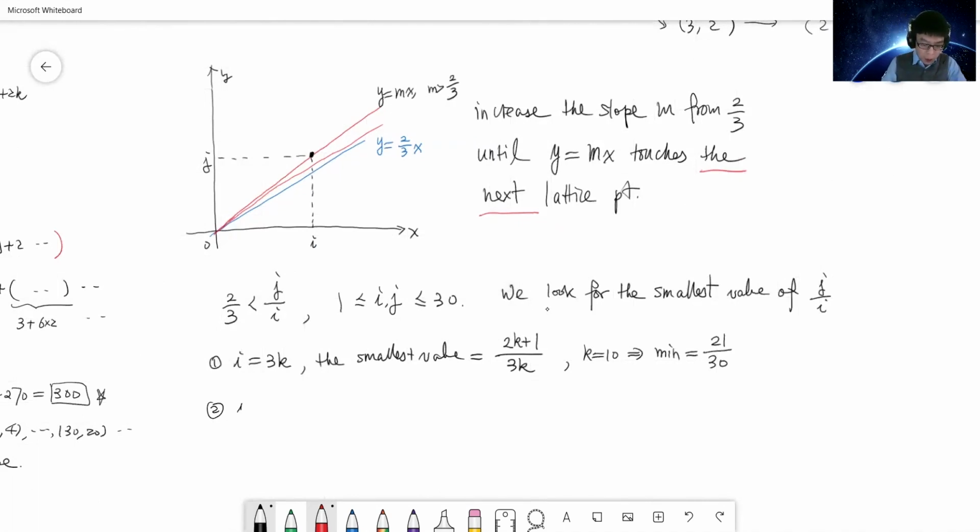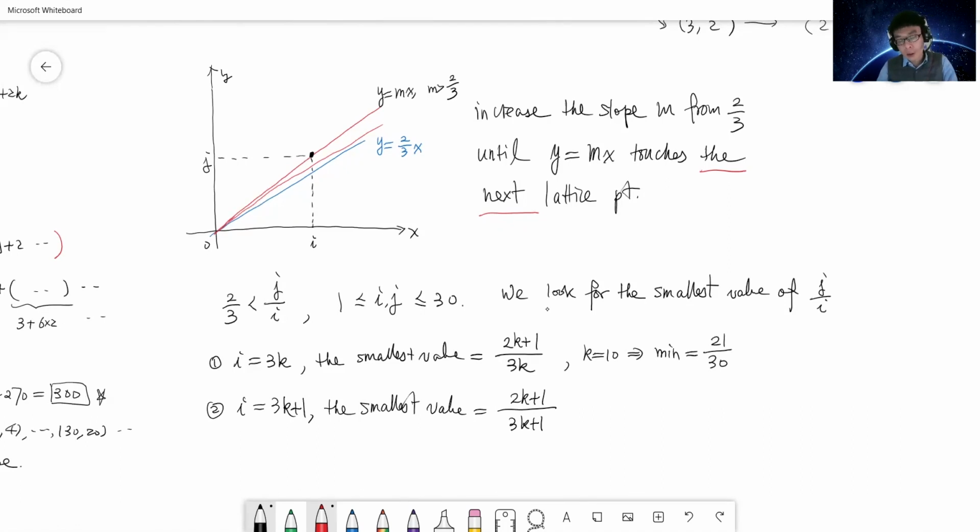Next, the denominator could be 3k plus 1. The smallest value has the form with 3k plus 1 in the denominator. The fraction is larger than 2 over 3, so the smallest numerator should be 2k plus 1.